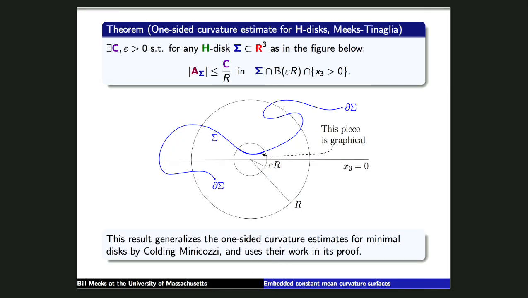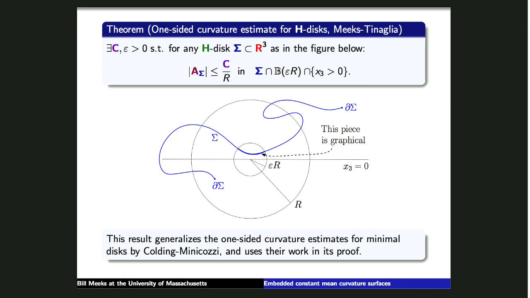Okay, it's a long and hard proof, so I'm not going to talk too much about the proof. I'll just say one of the results along the way is that a lot of the techniques are based on things that Colding and Minicozzi did. In particular, you want to generalize their one-sided curvature estimate for embedded minimal disks, okay?